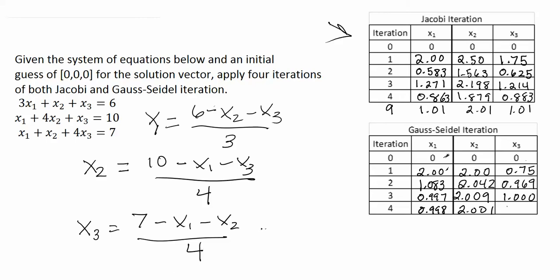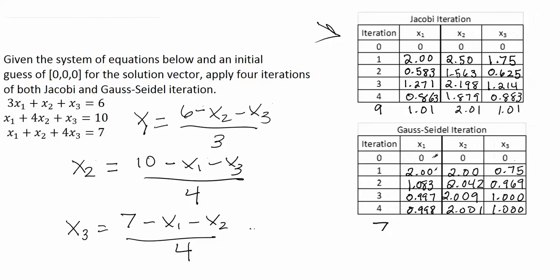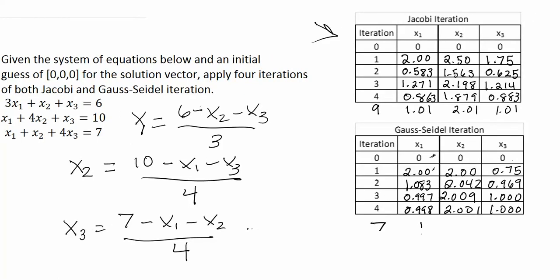This answer was going to work out the same, but what you'd really find is that even if you used all the digits you could want, you're going to get to an exact answer by iteration 7. So we would get 1, 2, 1 by iteration 7.